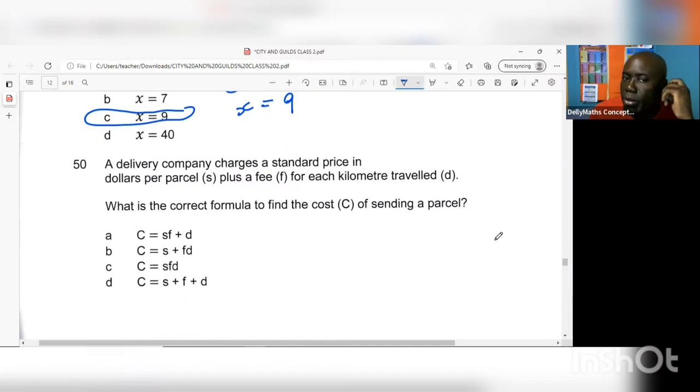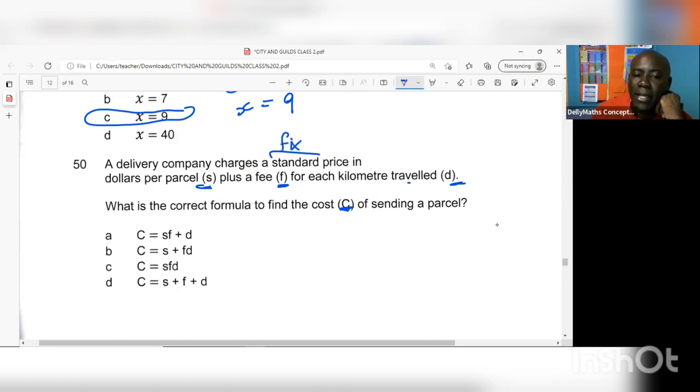A delivery company charges a standard price, S, to deliver parcels. Also a fee of F for each kilometer traveled, D. What is the correct formula to find the cost C of sending a parcel? So the standard price is like a fixed fee.